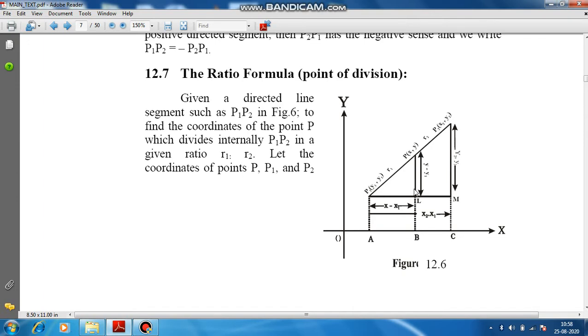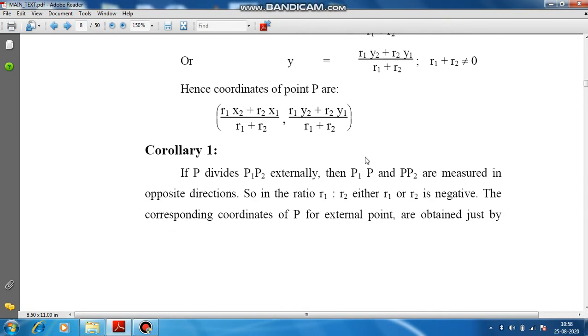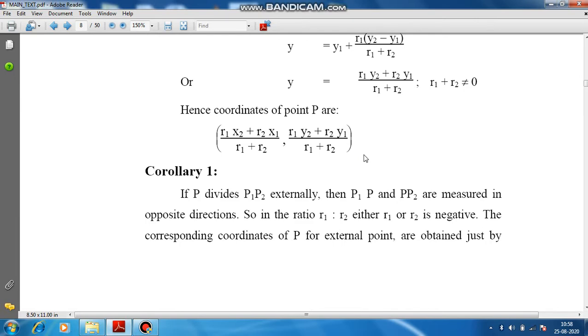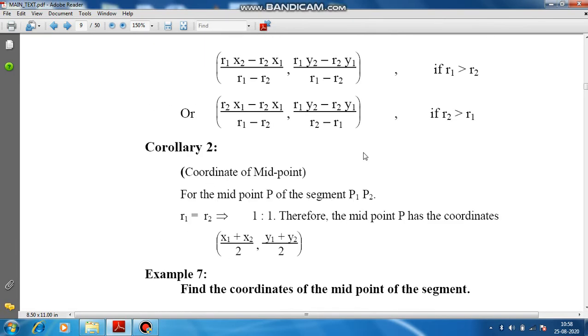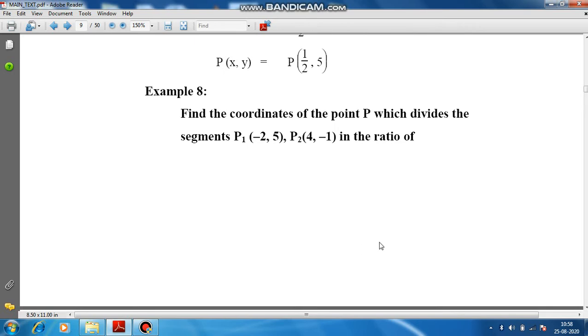We have to find the point which divides the line segment joining these two points in some fixed ratio. This you also read in high school classes, so I am skipping this. Many formulas, many deductions are there. The centroid of a triangle can be obtained using this formula. The midpoint can be obtained using this formula. These things you read in high school classes.